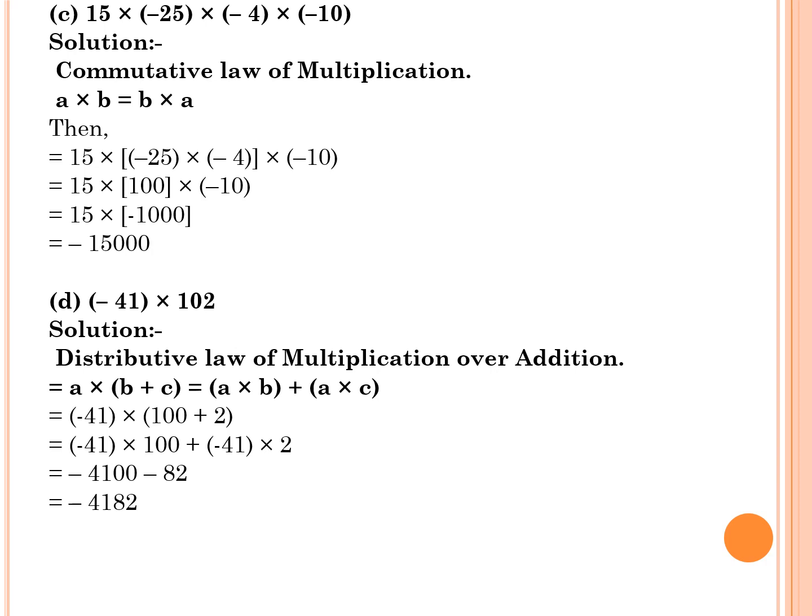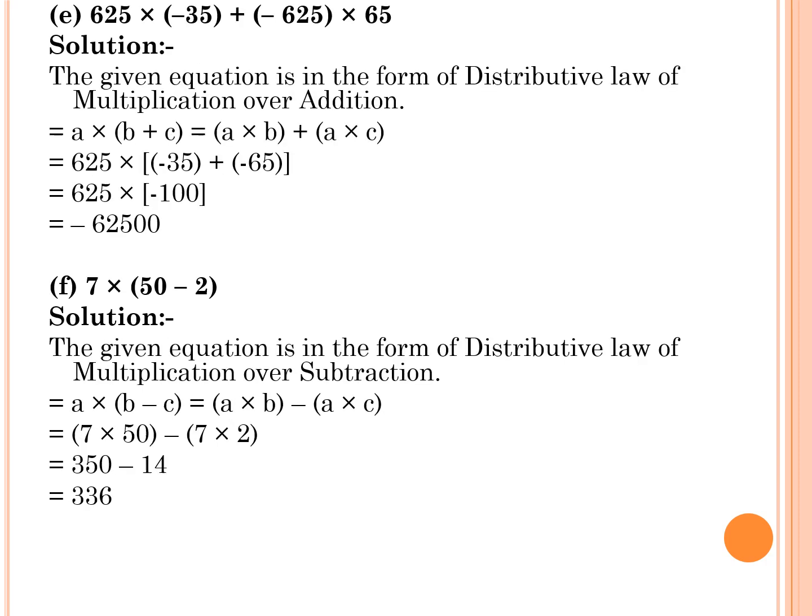As you can see, minus 41 is common to both 100 and plus 2. Minus 41 into 100 gives you minus 4100. Minus of 41 into 2 gives you minus 82. Minus 4100 minus 82 gives you minus 4182.